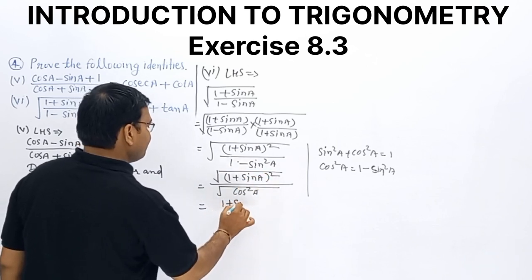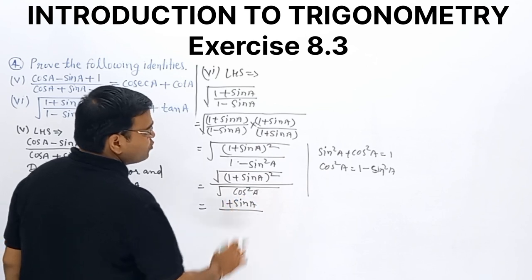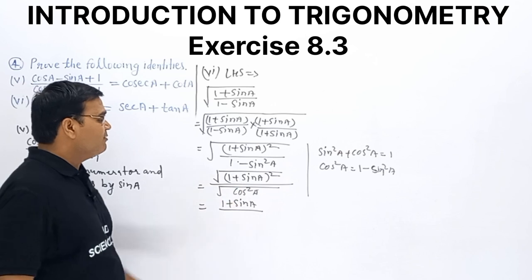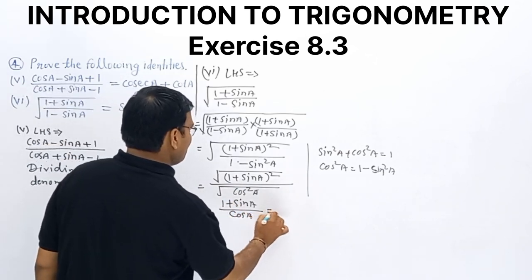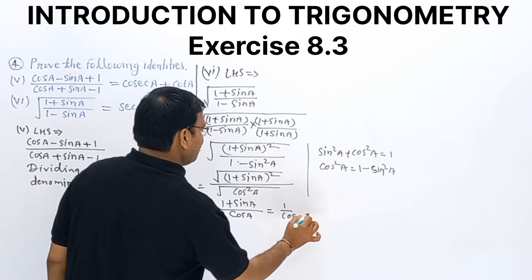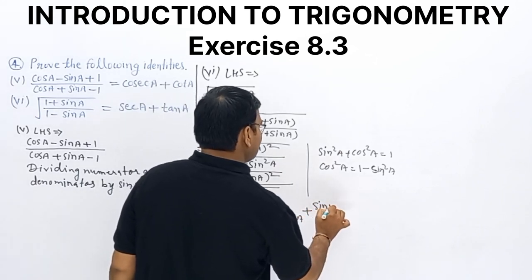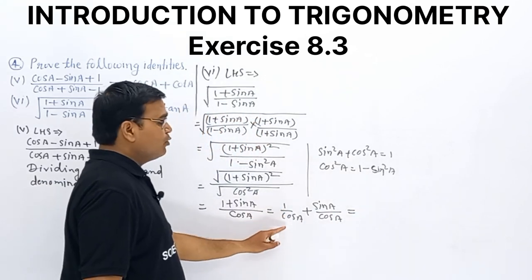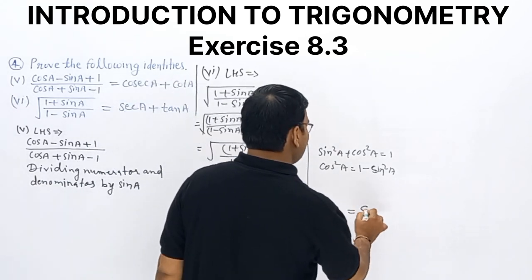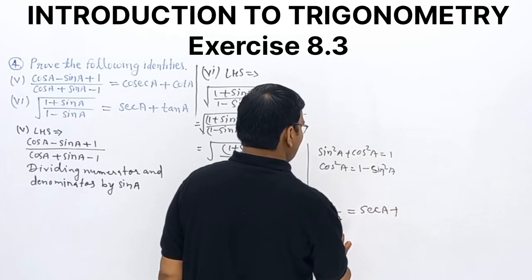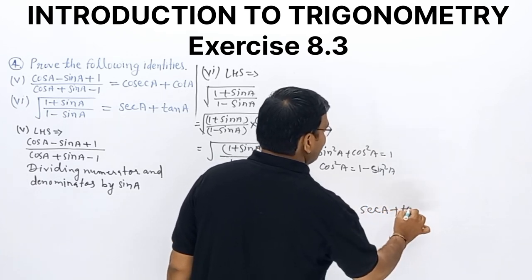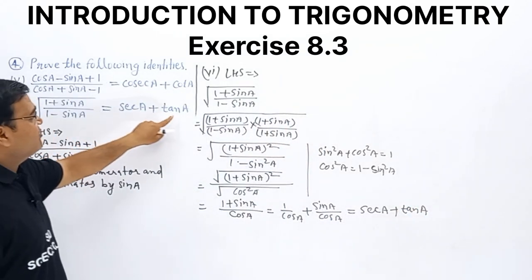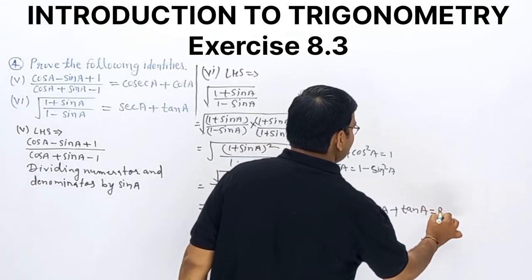So we are getting 1 plus sin A, and the square root of cos square A will be cos A. Solve this one: 1 upon cos A plus sin A upon cos A. 1 upon cos A, the reciprocal of cos A, is sec A, plus sin A upon cos A, sin theta upon cos theta is tangent theta, so tangent A. And this is our right hand side, sec A plus tangent A.